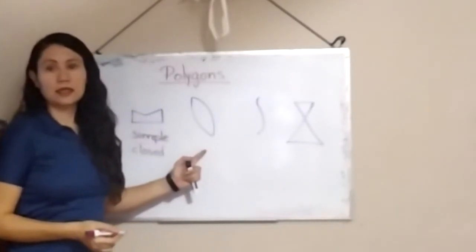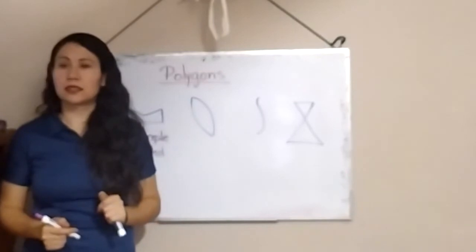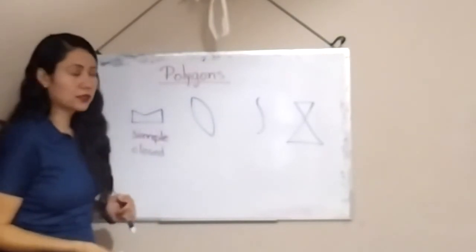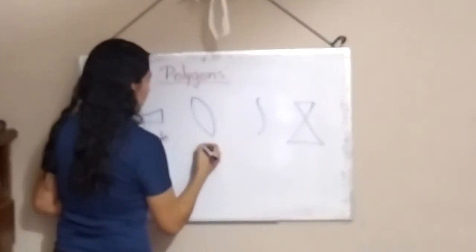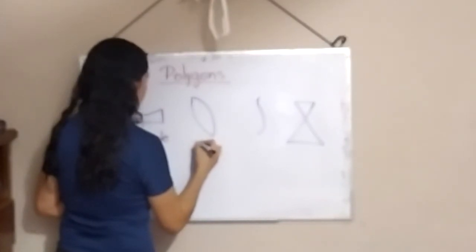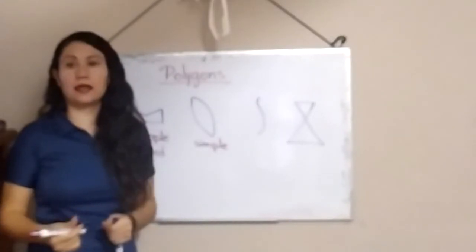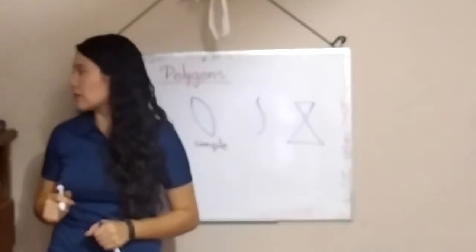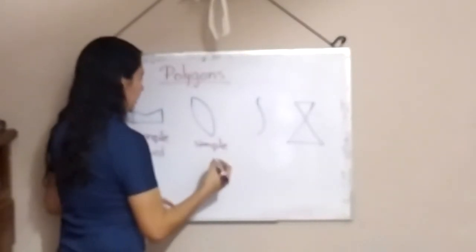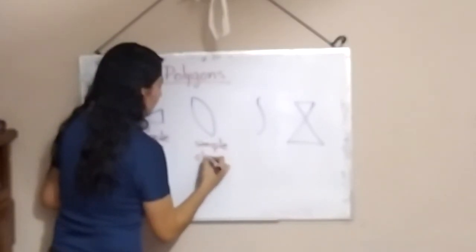Next, is this a simple curve? Yes, because it is not intersecting. And does it begin and end in the same point? Yes, so it is also closed.